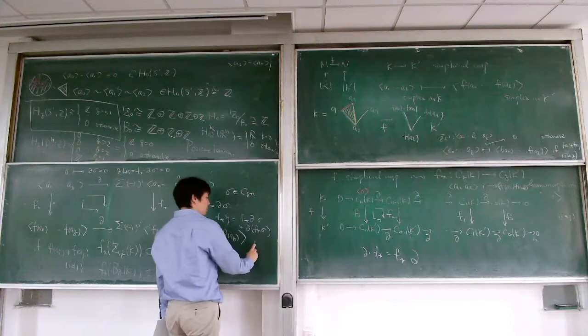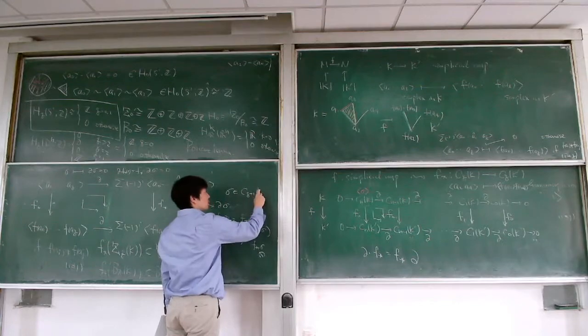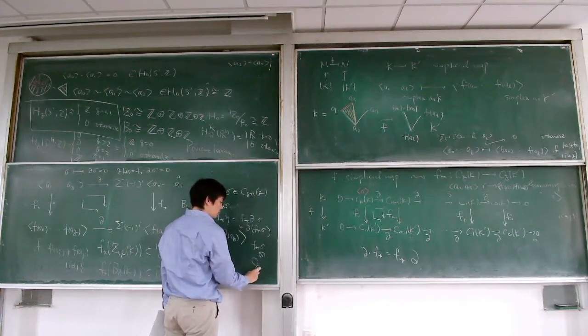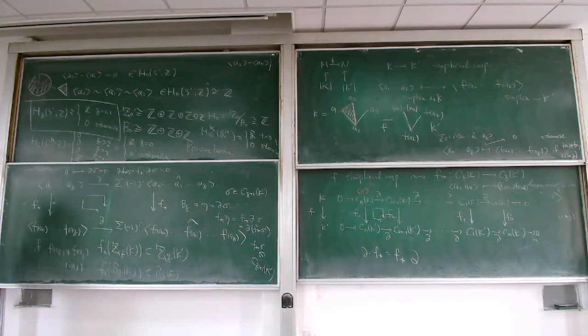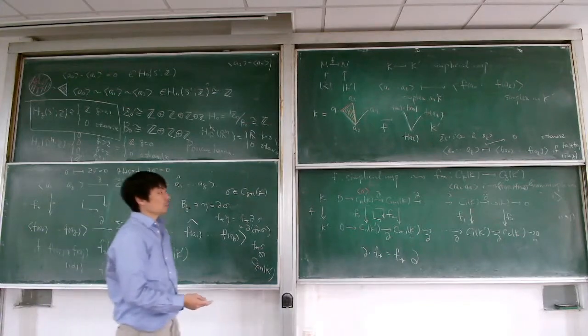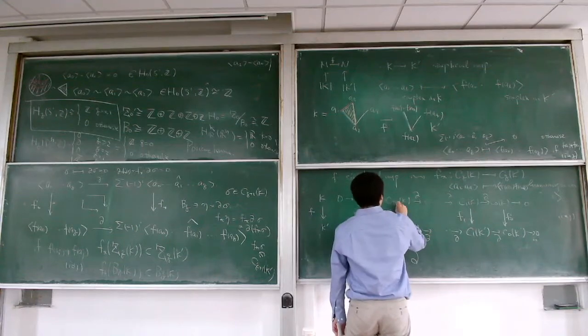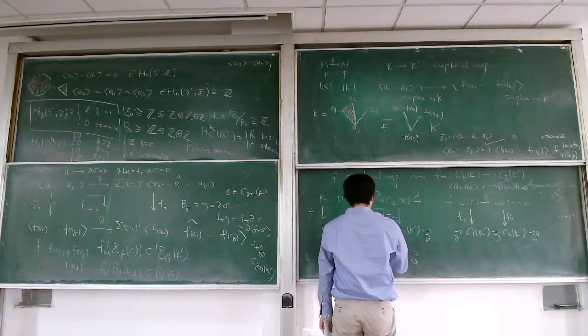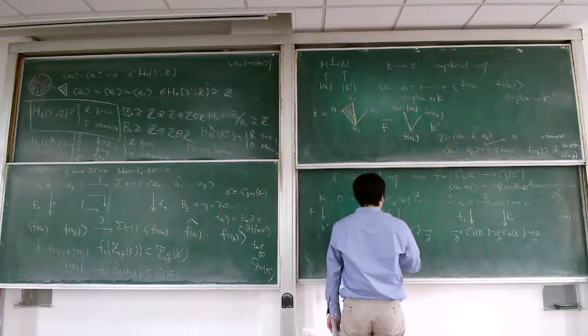Therefore, F star sigma is in CQ plus 1 of K prime. You understand? What I did is start with Q plus 1 and Q. It's a very simple thing.